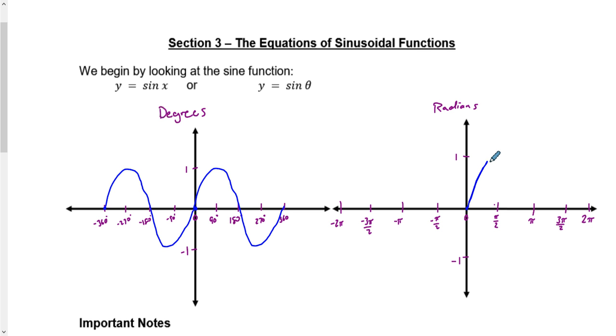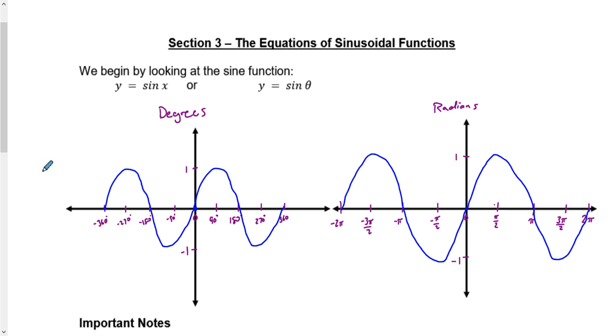Goes up to 1 at half a pi, crosses back down the x-axis at pi, goes down to its lowest point at 3 pi over 2, and back up at 2 pi. I can continue that backwards. And it looks like this.